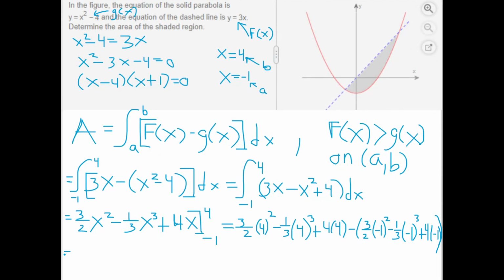All right, let's simplify now. 3/2 times 4 squared, that's 3 times 16, which is 48. Divided by 2 is 24. 4 cubed is 64 over 3 is just 64 over 3. So you have minus 64 over 3. Plus 16, 4 times 4.